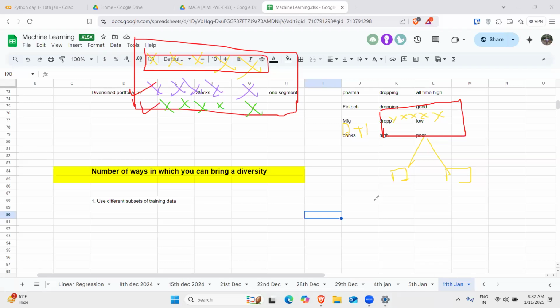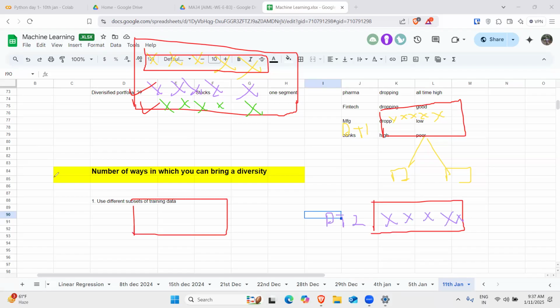You will have different decision trees in which you will have different data, right? Yes or no, guys? Another decision tree you'll have in which you'll have this data.